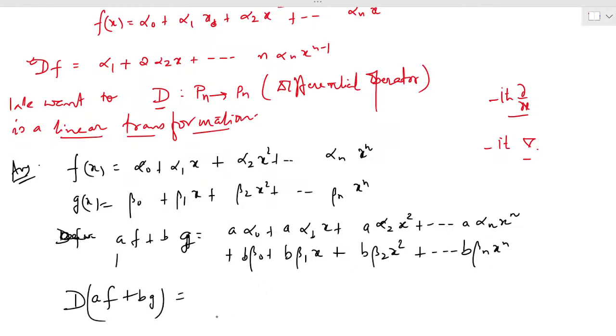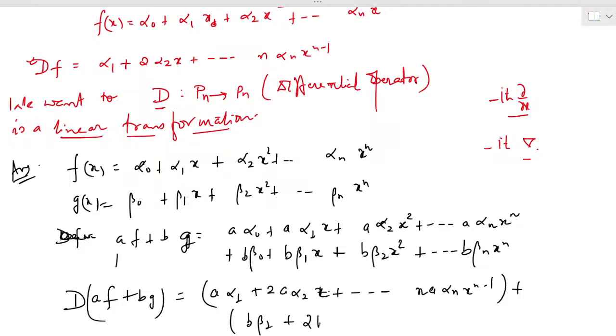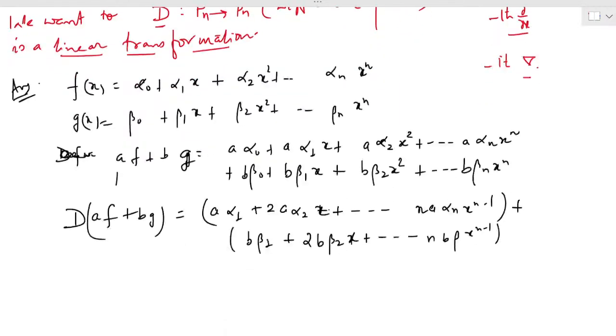So what I will be left with is simply alpha 1 plus 2 alpha 2 x, and at the end I'll get n alpha n x raised to power n minus 1, plus b beta 1 plus 2b beta 2 x, and so on up to n b beta n x raised to power n minus 1. Okay, so this is how it is going to be.